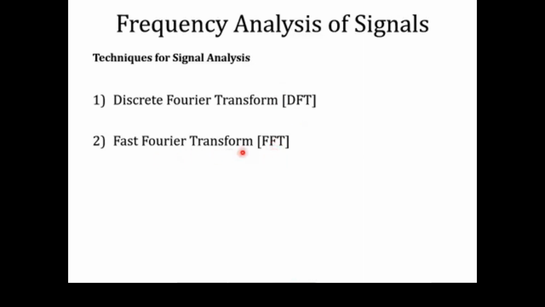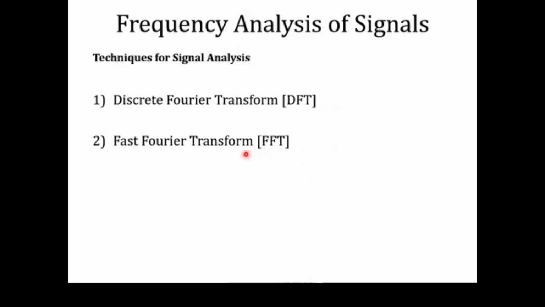So FFT is not a new technique or a new transform, it's just the optimized implementation of DFT. So any algorithm or a family of algorithms which will implement DFT in a faster way or in an optimized manner will be called FFT.